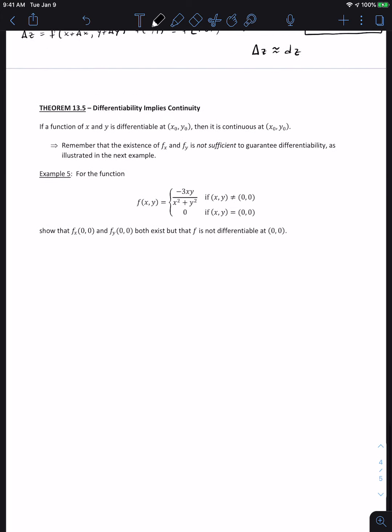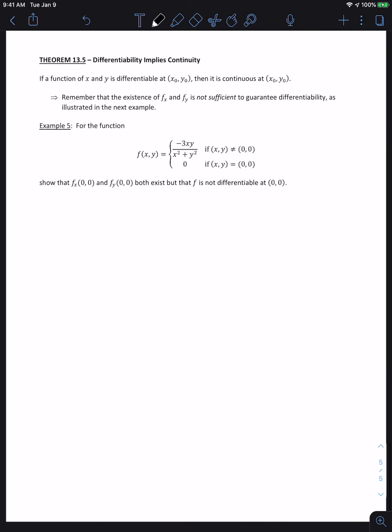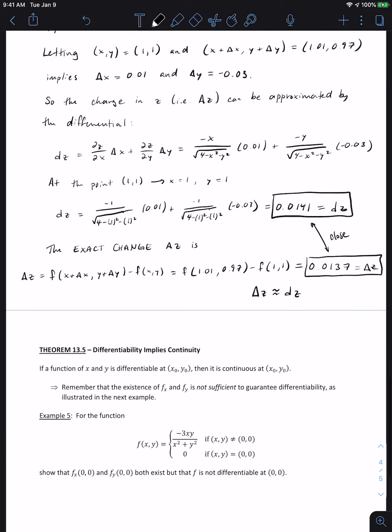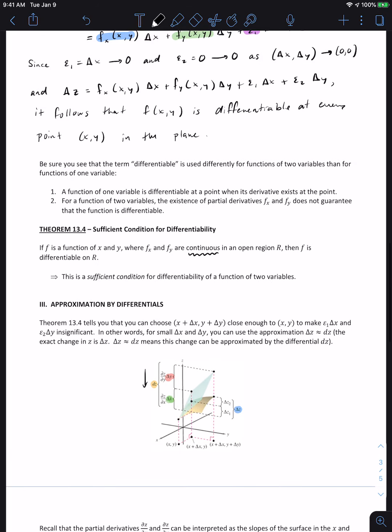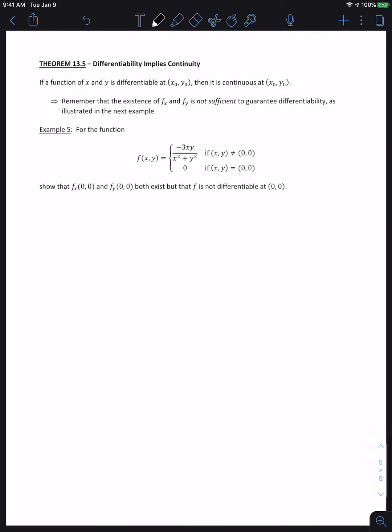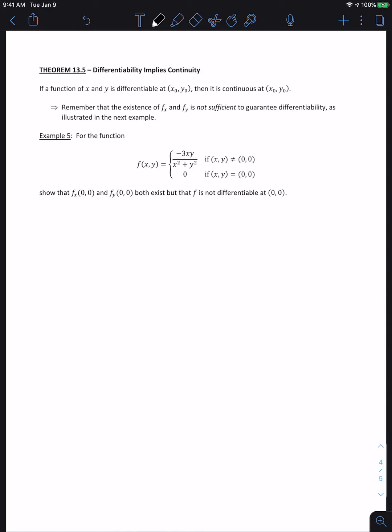Okay, so now let's talk about theorem 13.7. So remember, it was actually in theorem 13.4, the sufficient condition. So if I have a function of two variables, if their partial derivatives are continuous, then it's differentiable, right? And theorem 13.5 tells us that if a function is differentiable, then it's continuous, right?